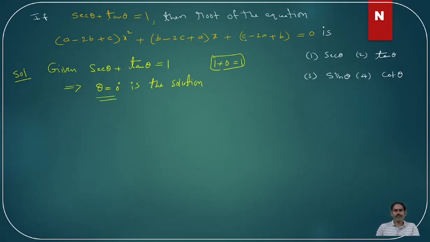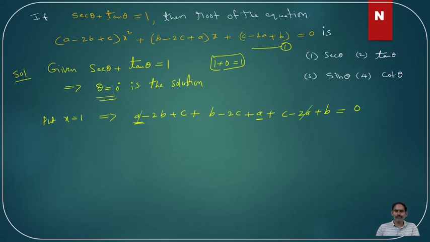Now, this is equation number 1. Put x equals 1. That implies a minus 2b plus c plus b minus 2c plus a plus c minus 2a plus b equals 0. See, a plus a, 2a minus 2a gets cancelled.